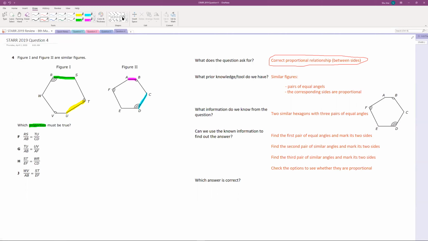Well, for similar figures, I'm going to draw two similar triangles, for example. For similar figures, first, they have pairs of equal angles. So for these two triangles, these two angles are equal, these two angles are equal.